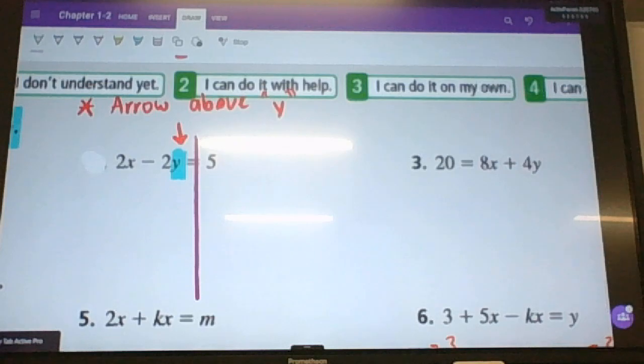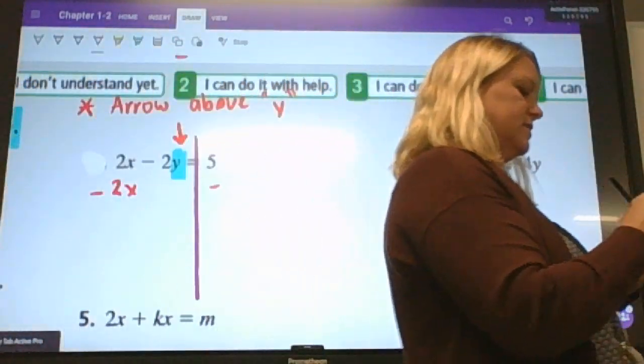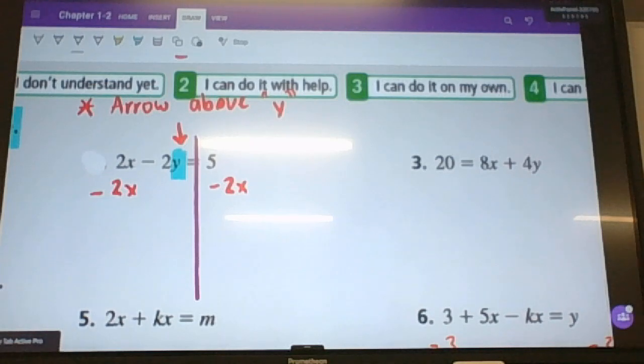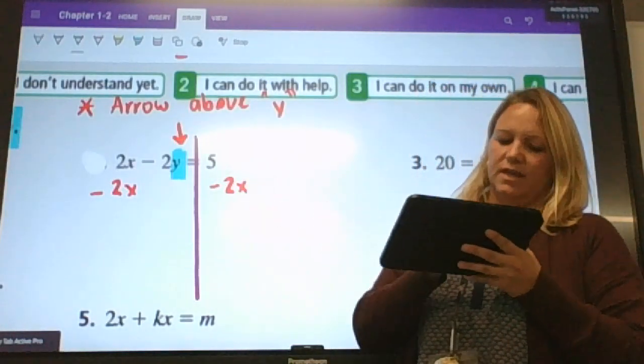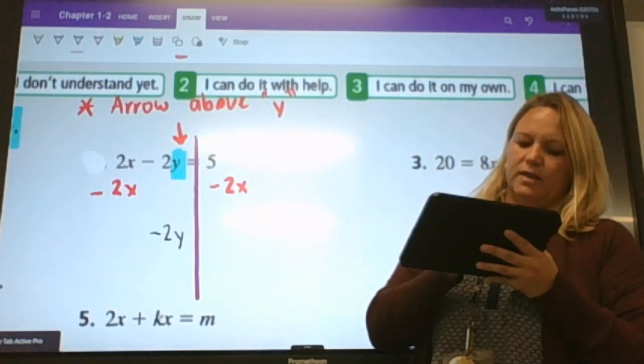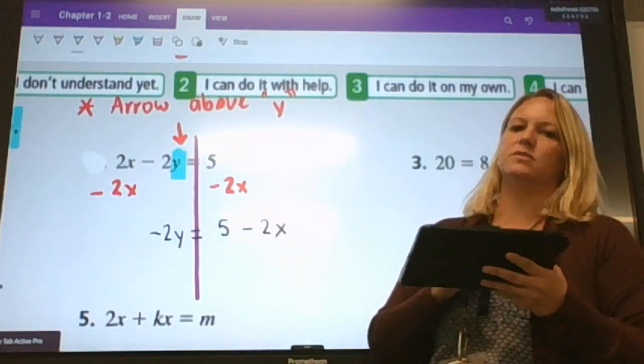In order to move it, I'm going to subtract it on both sides. Alright, so now to rewrite it, I'm not going to forget my minus sign. Negative 2y equals 5 minus 2x.